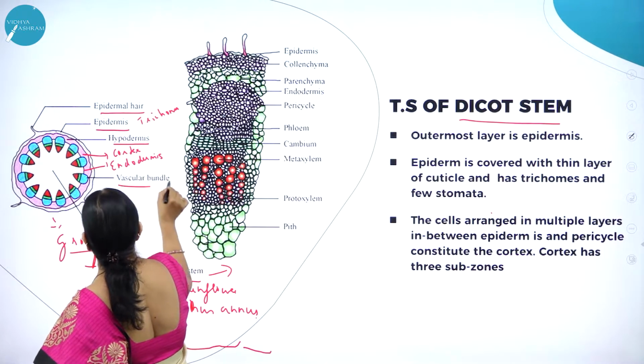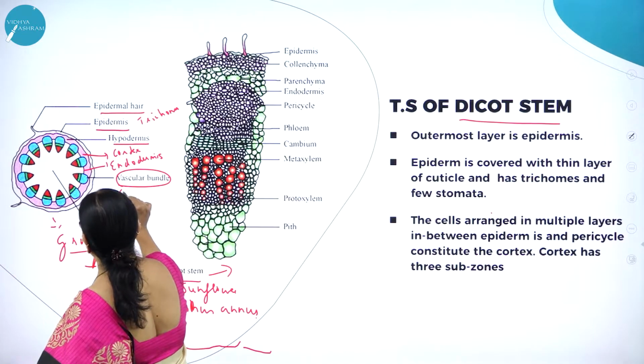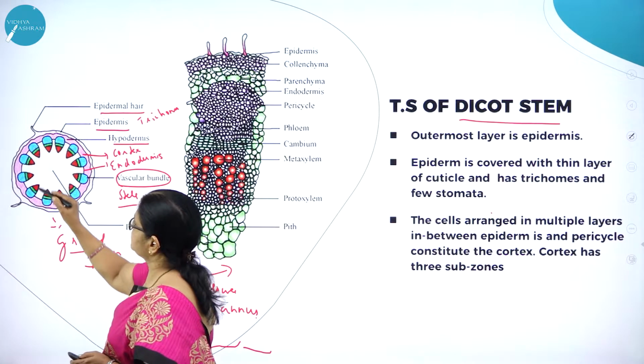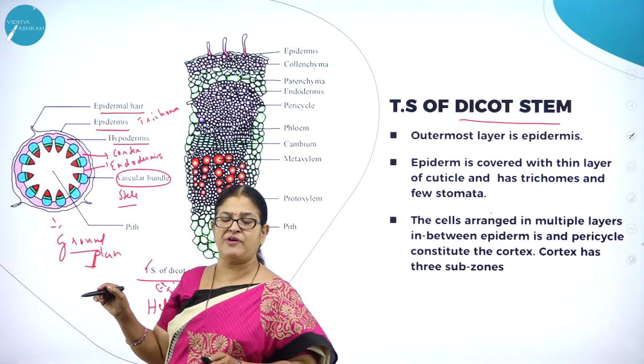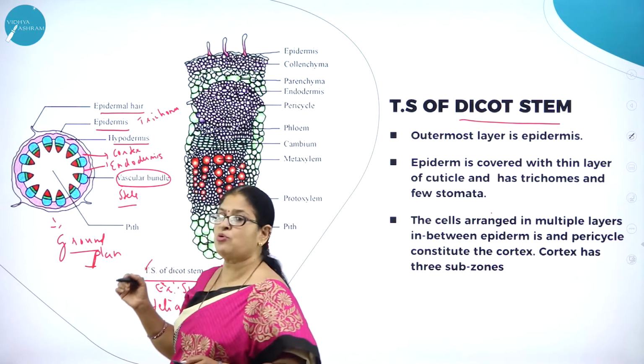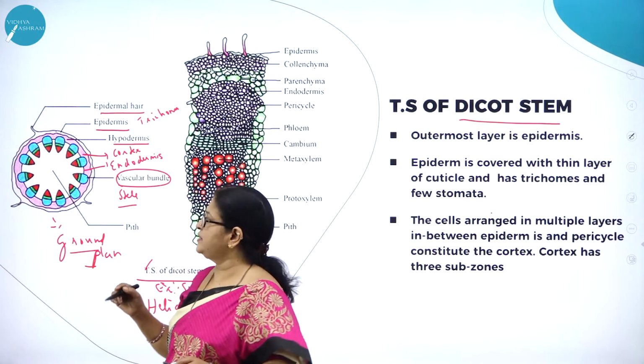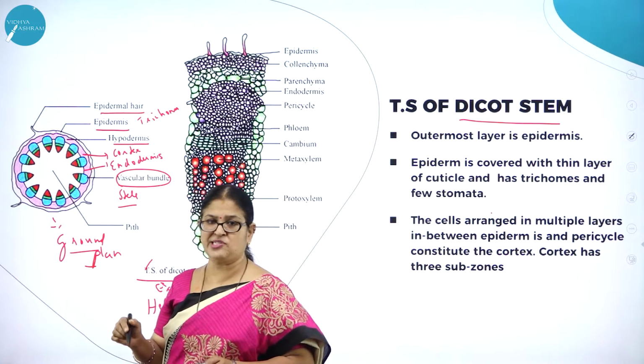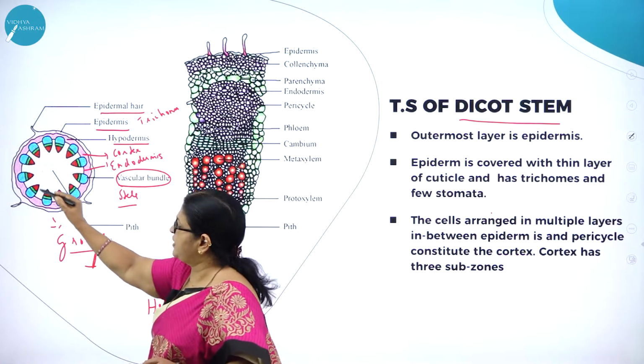And this is the vascular bundle, or we call it the stele. You can see the arrangement of vascular bundles as conjoined, collateral, that is phloem above and xylem below, and it is an open vascular system with cambium present between xylem and phloem.